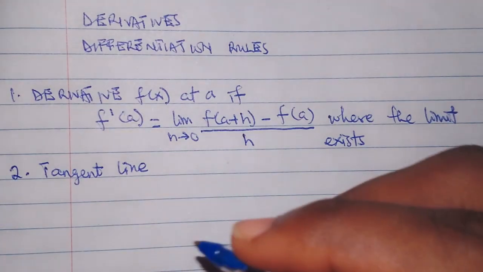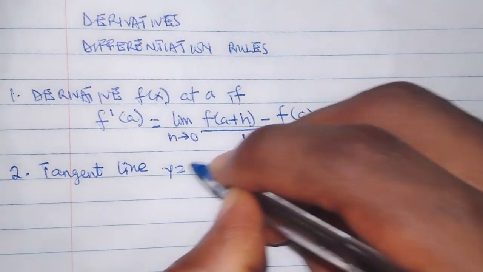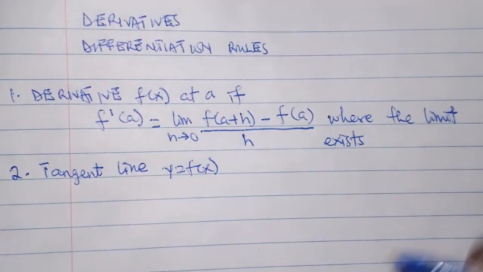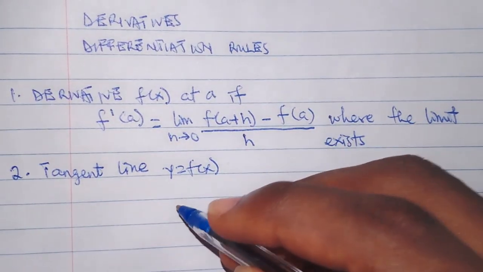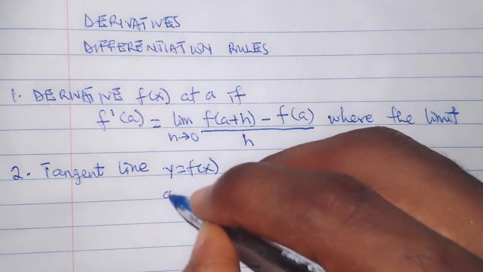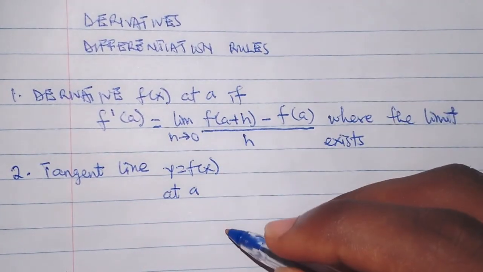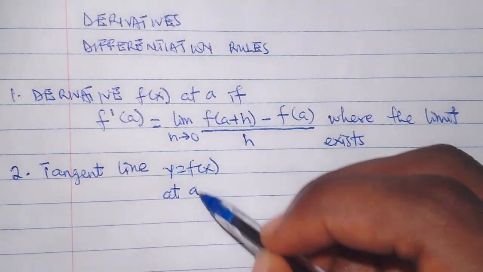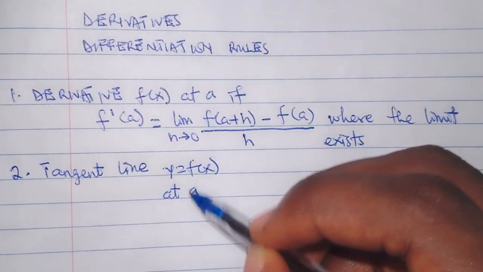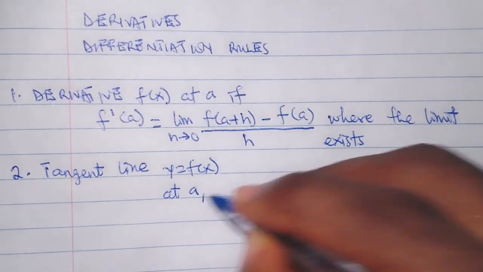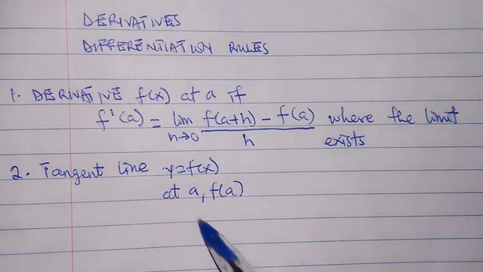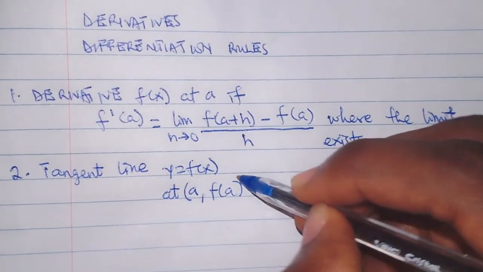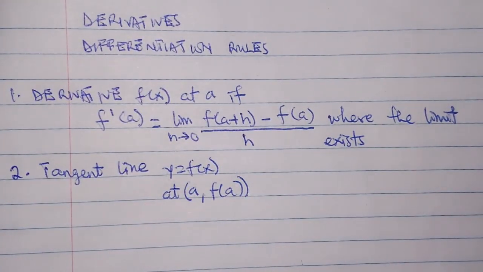Now we are saying if y is equal to f of x, at a point a, the y component of this a will be f of a. So at a, this is the point, a comma f of a.